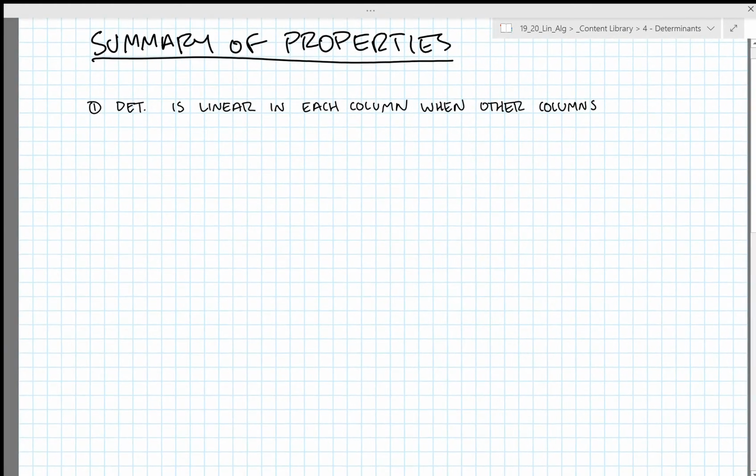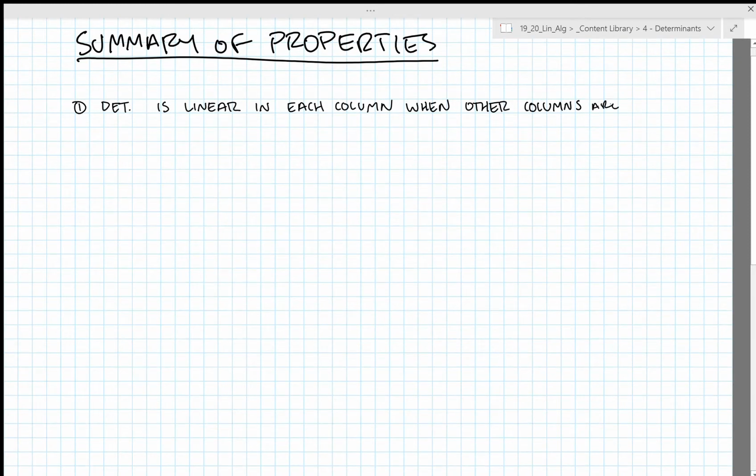Let me zoom out just a little bit. Okay, that was one of the first ones that we ran into. That one came from the parallelepipeds and all that other stuff.